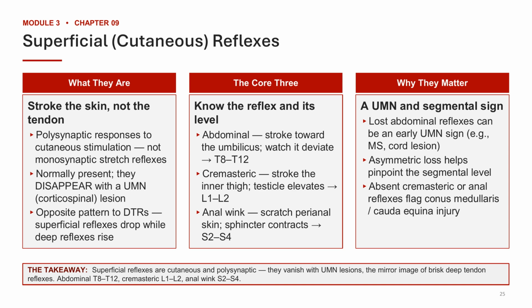They earn their place for two reasons. They are a UMN sign, and because each carries a segmental level, an absent abdominal reflex can help establish a cord level. The anal wink and bulbocavernosus have the additional role we mentioned earlier. Their return marks the end of spinal shock.